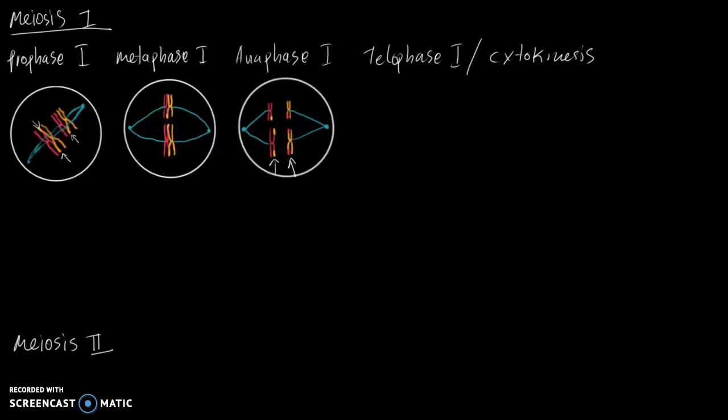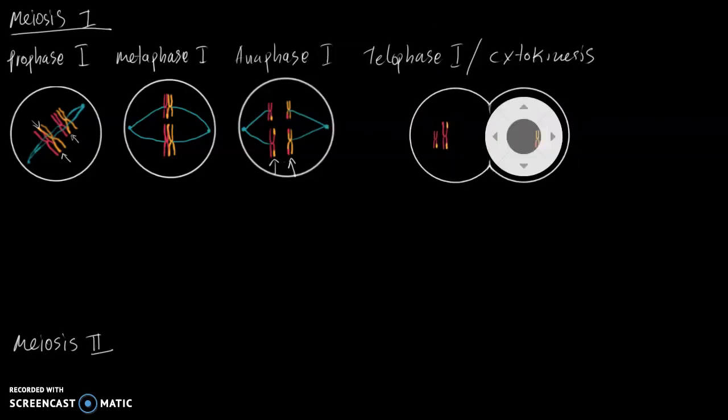Telophase I. The chromosomes are going to gather at the poles of the cells, whilst the cell cytoplasm divides.